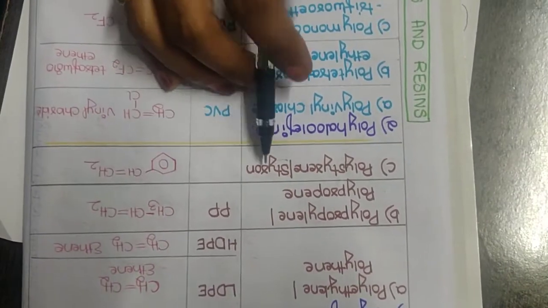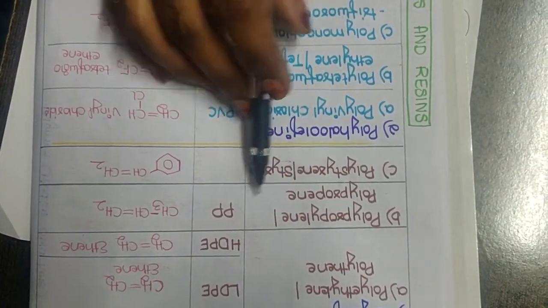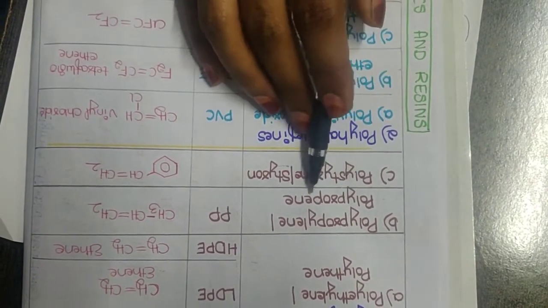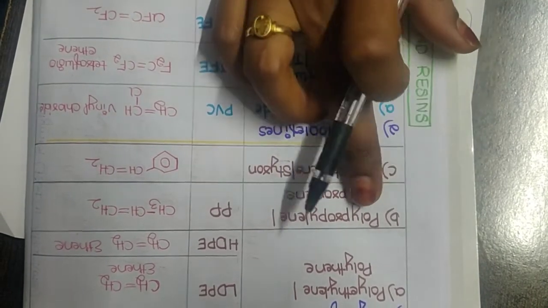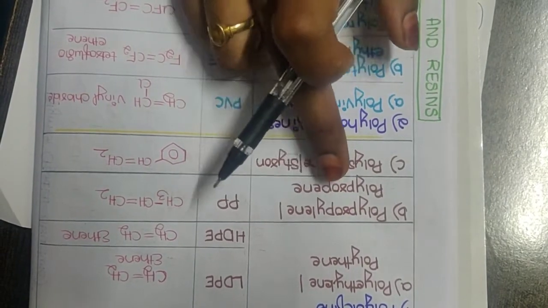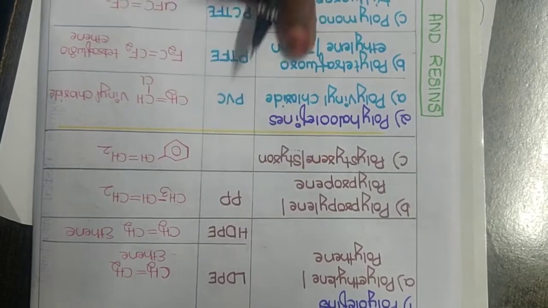The next is polypropylene, also called polypropene. In short form it is abbreviated as PP. What is the monomer present in polypropene? Remove poly, and what is left is the monomer, that is propene. Propene has three carbon atoms with one double bond.